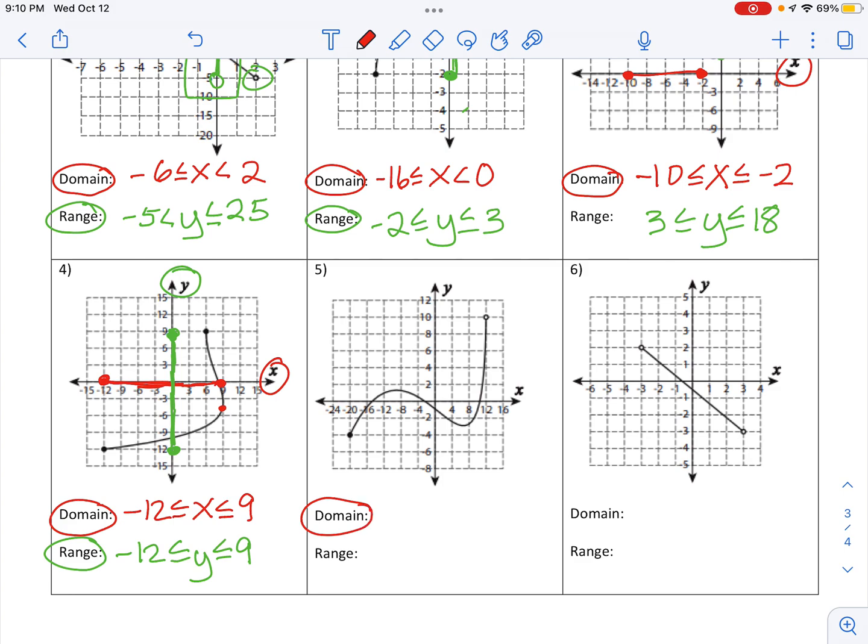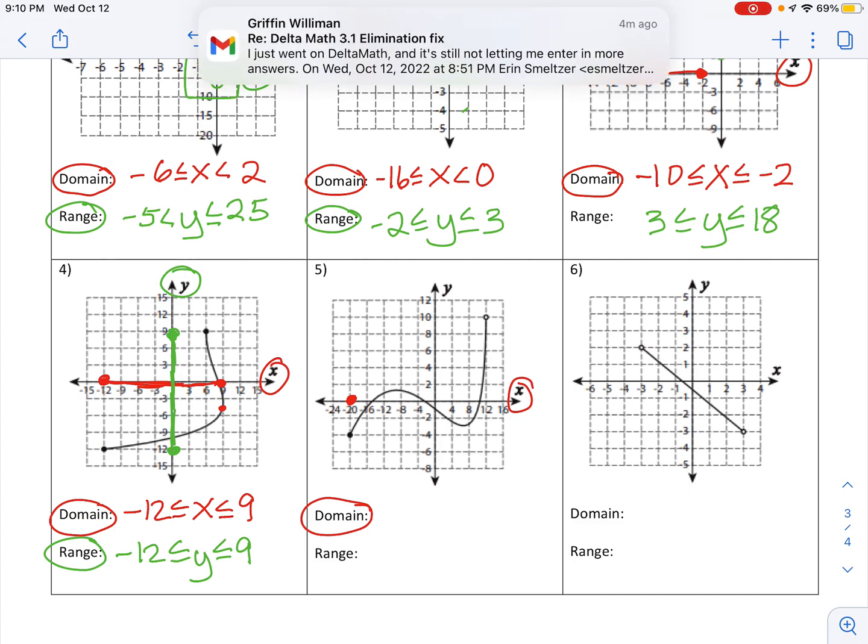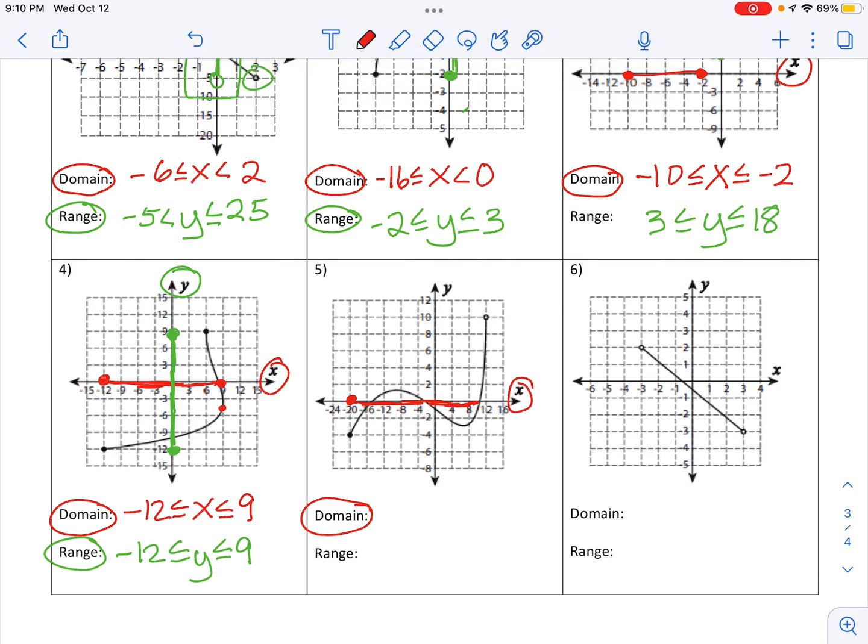Number 5, starting with the domain, looking at our x-axis, starting at -20, continuing all the way over until the furthest point, this open circle up here. I'll put an open circle at 12. So the x's are between -20 and +12.